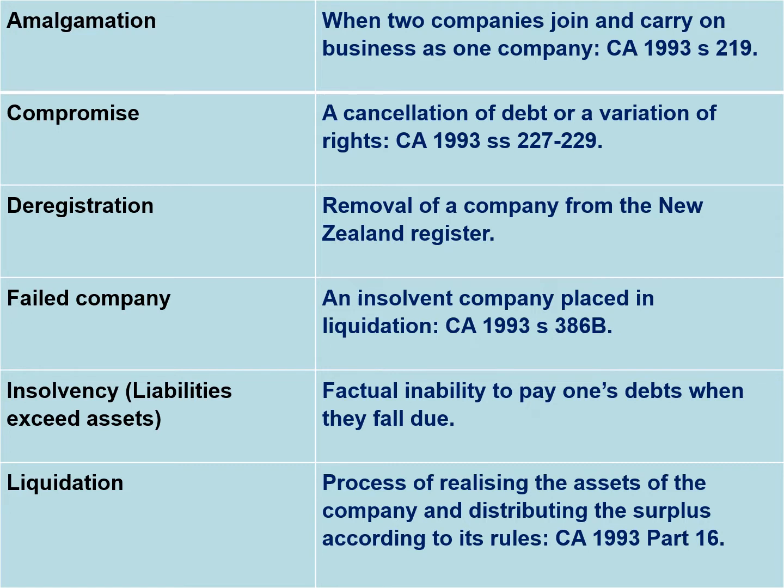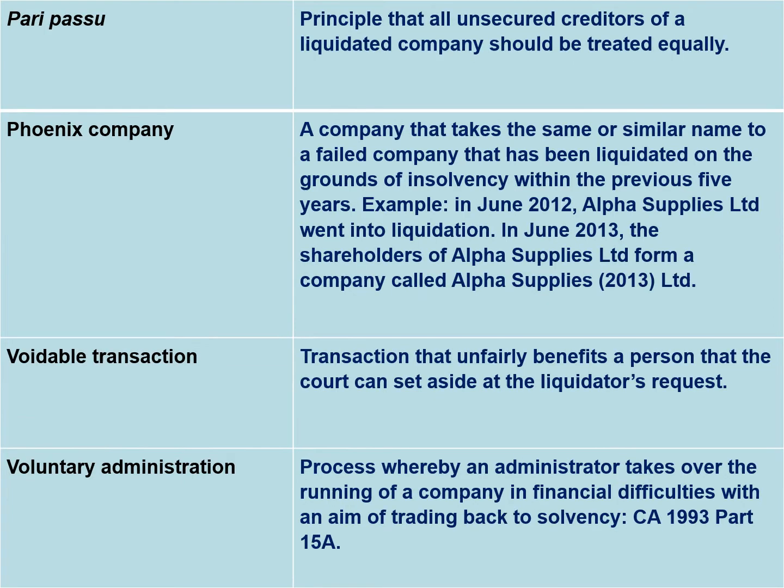Liquidation is the process of realizing the assets of the company and distributing the surplus according to its rules. You can read about that in the Companies Act of 1993, specifically Part 16. Pari passu is simply the principle that all unsecured creditors of a liquidated company should be treated equally.